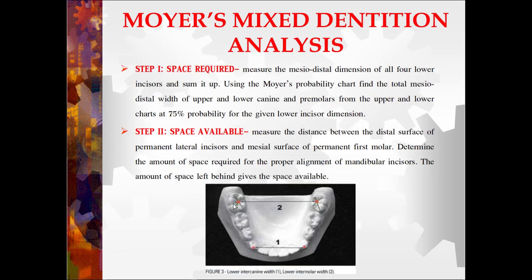Then space available, this we check on the study model from the distal aspect of the lateral incisor to the mesial aspect of the first molar, first prominent molar. The space between these two teeth will tell us the amount of space available on the dental arch.